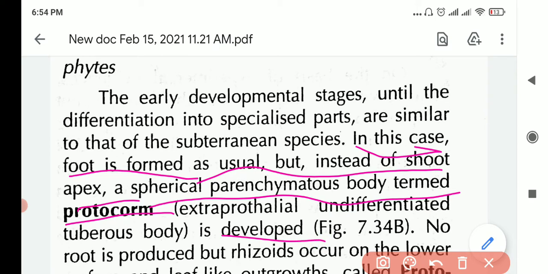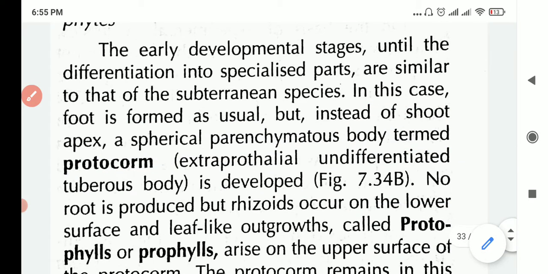So in the photosynthetic one, which is aerial, everything is the same as the subterranean one, but instead of the leaf cotyledon, remember the shoot apex, it will form a protocorm. And there is no root production but rhizoids.